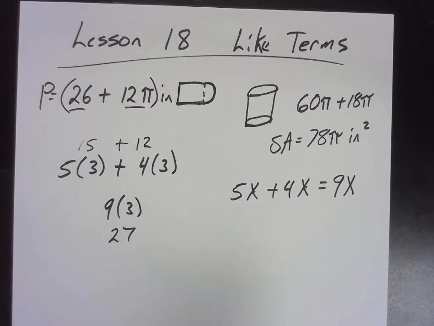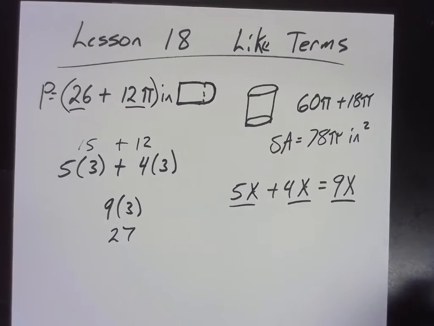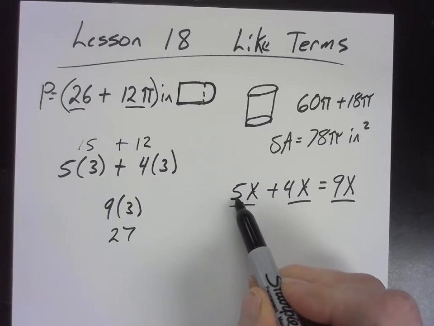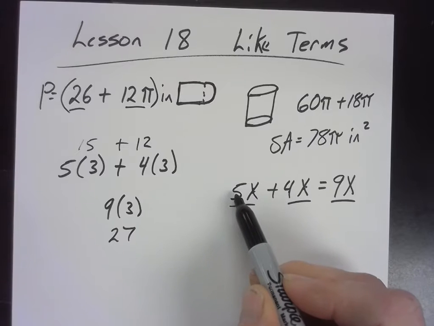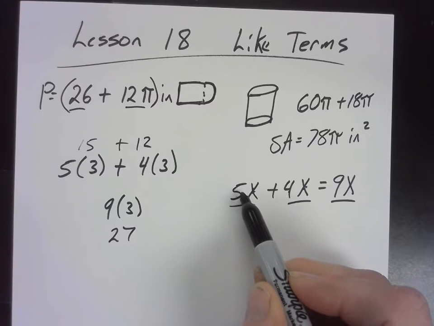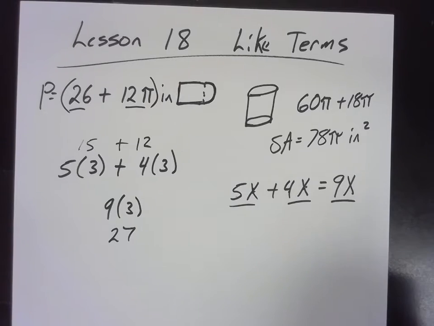So what makes them be like terms? You look at the numerical coefficients, are they the same? Yes. Wait, the numerical coefficients, are they the same? No. Are the literal coefficients the same? Yes, they are. So when the literal coefficients are the same, they're like terms, and you can add them together.